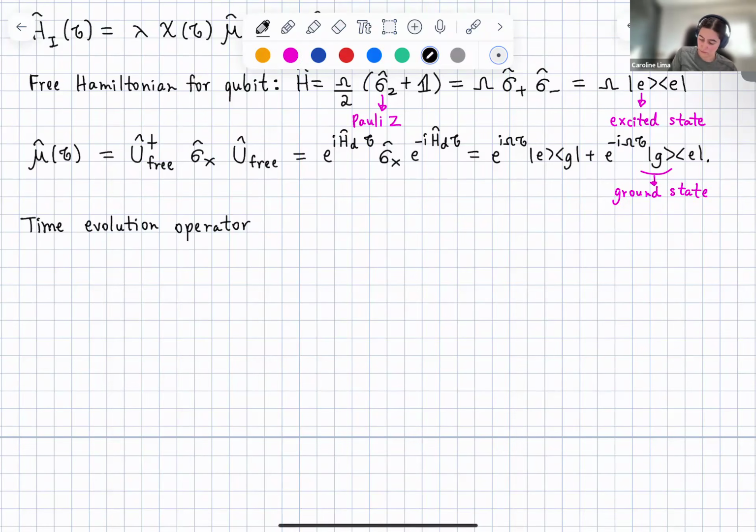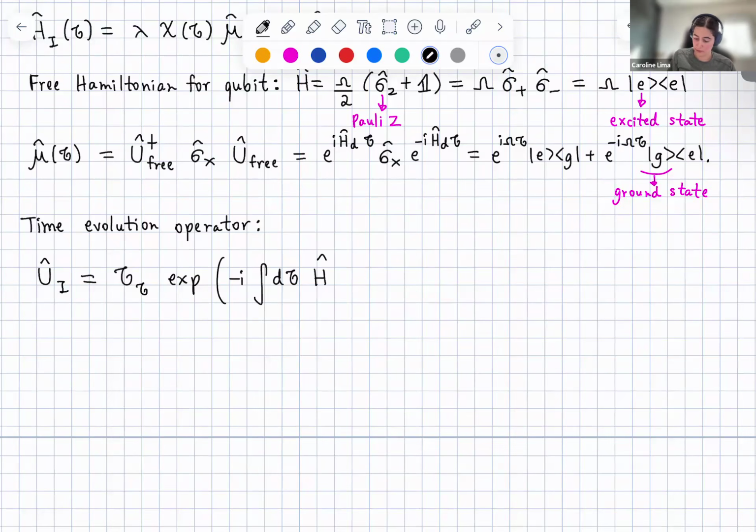And so the time evolution operator is going to be given by the time-ordered exponential, with respect to tau, of minus i integral over tau of my interaction Hamiltonian. Okay, does that make sense? Let me just write it right here.